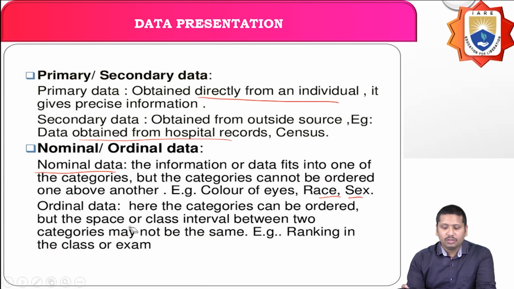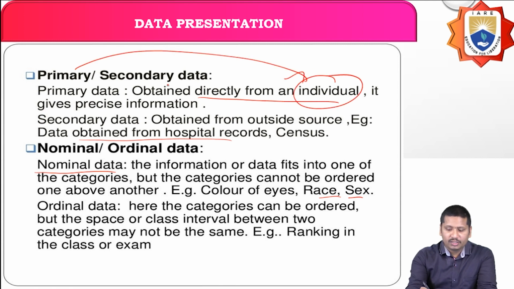Okay, so primary means the data is obtained directly from an individual, whereas secondary means it is obtained from secondary sources. Nominal means the information fits into one of the categories, which are not ordered one above the other, like color of eyes, race or sex.